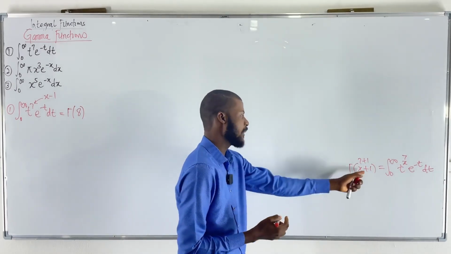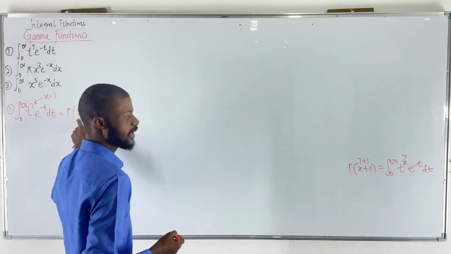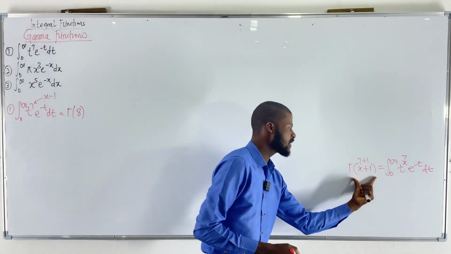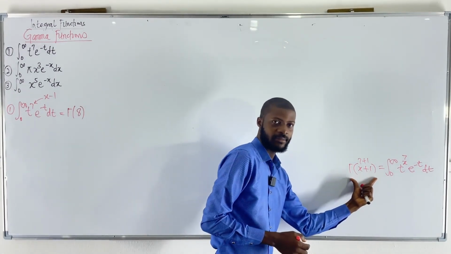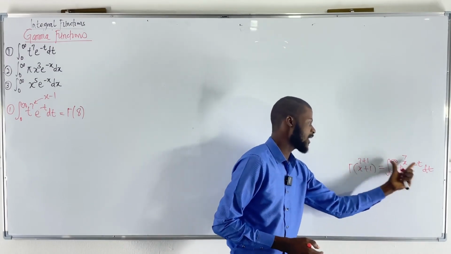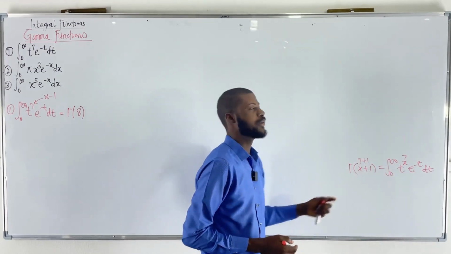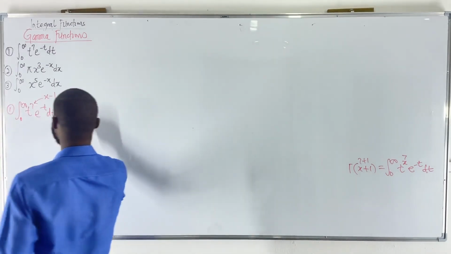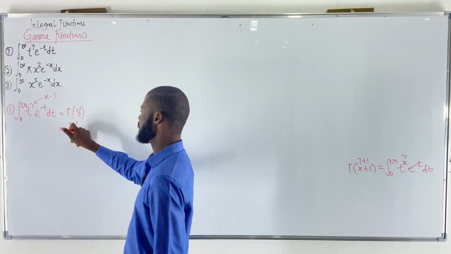That's how I got 8. If you're moving from the gamma part to the integral part, you minus 1. From the integral part to the gamma part, you add 1. So the gamma of 8 is 7 factorial.